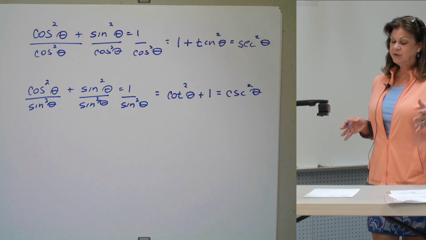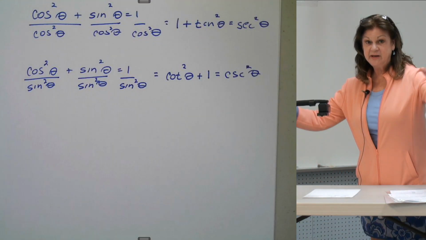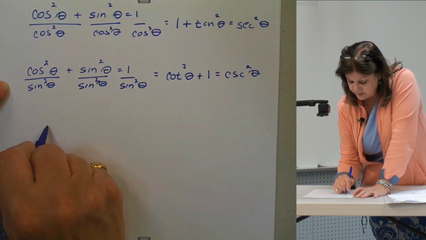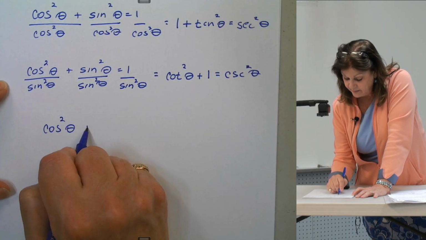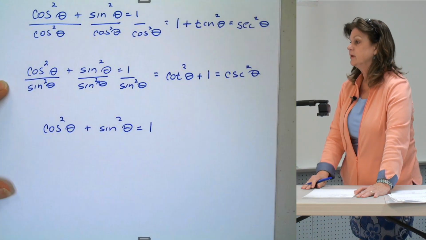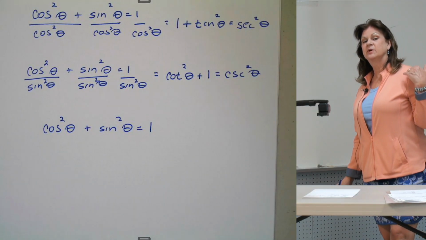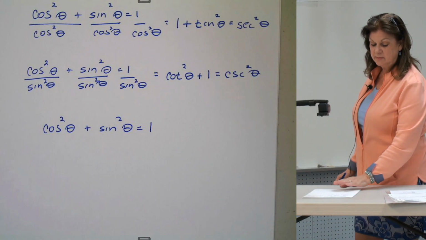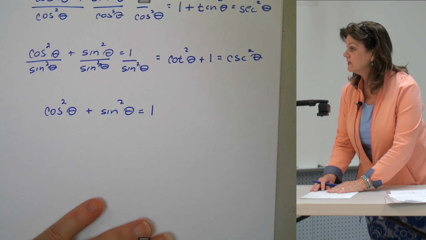So again, let's back up. My granddaddy equation is a squared plus b squared is c squared, x squared plus y squared is r squared, cosine squared plus sine squared is 1. The other two come off of this.